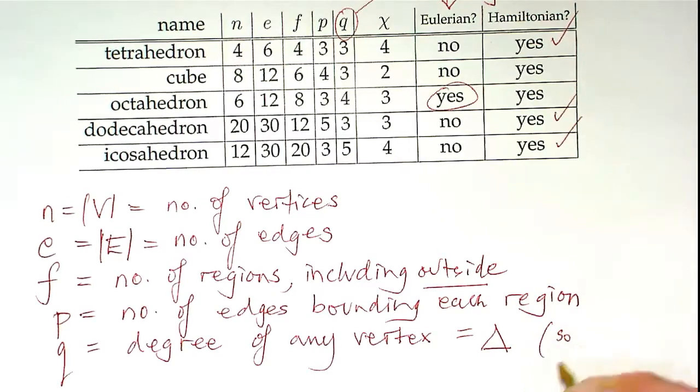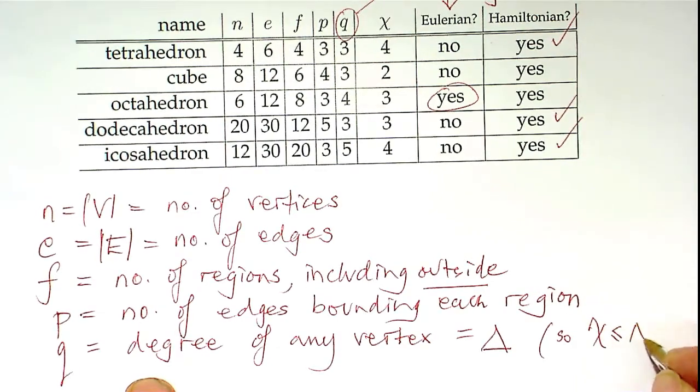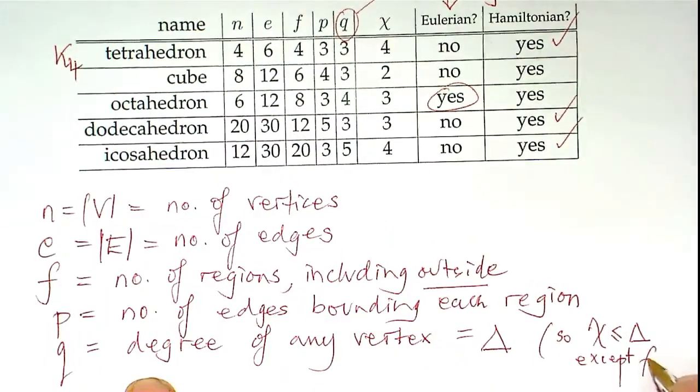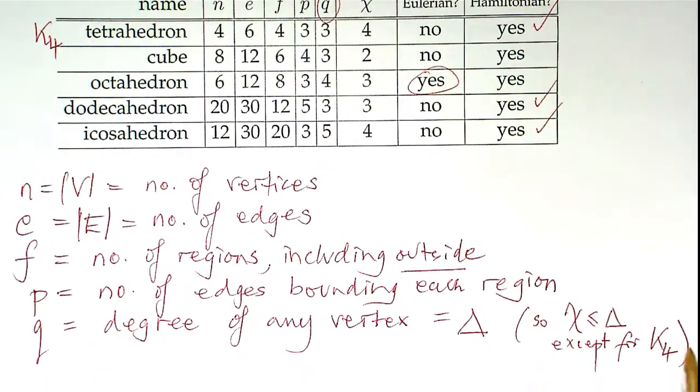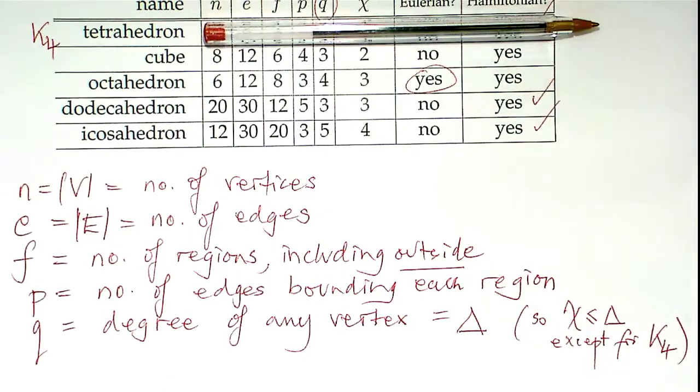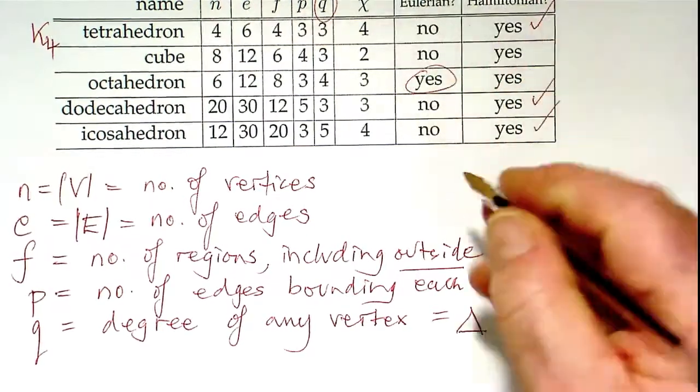So the chromatic number will be less than or equal to delta, except for K4, which is the tetrahedron, because the tetrahedron is K4, the same thing. By Brooks's theorem, as long as it's not a complete graph or an odd cycle, so we have to forget the first one because that's a complete graph, we see that the chromatic number is less than or equal to the vertex degree delta, which is correct.